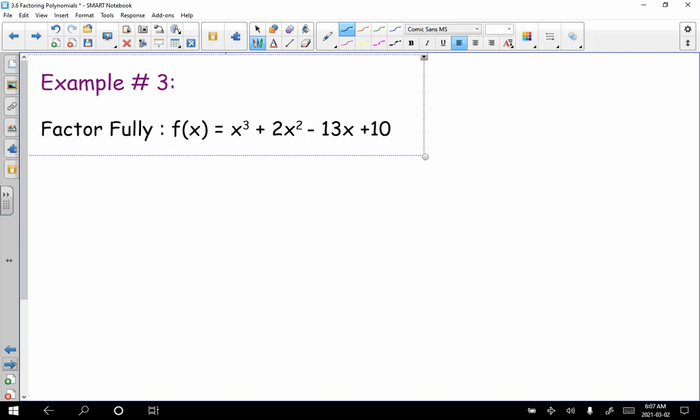Okay, we'll try another example. We're asked to factor fully f of x equals x cubed plus 2x squared minus 13x plus 10. And we're going to try to do this without actually trying division. We don't have anything to divide it by.